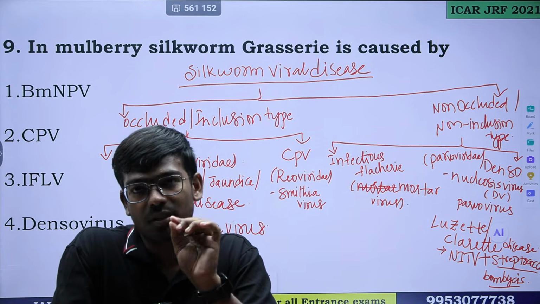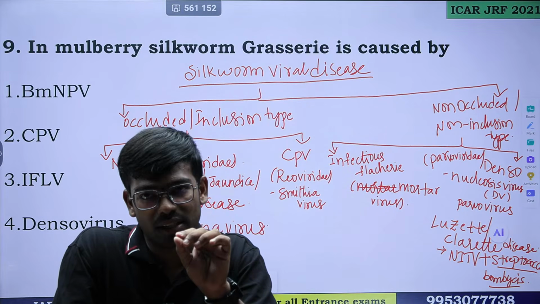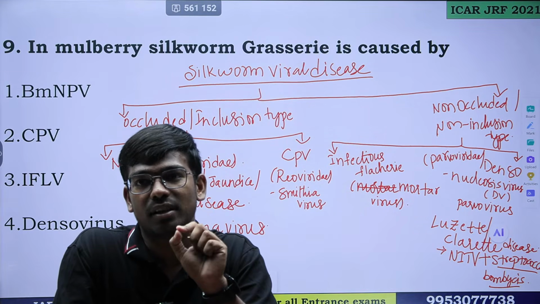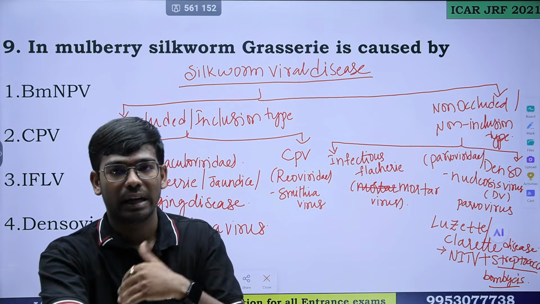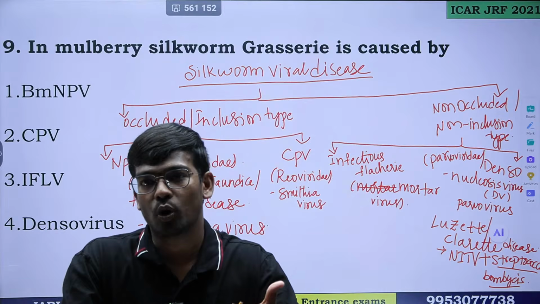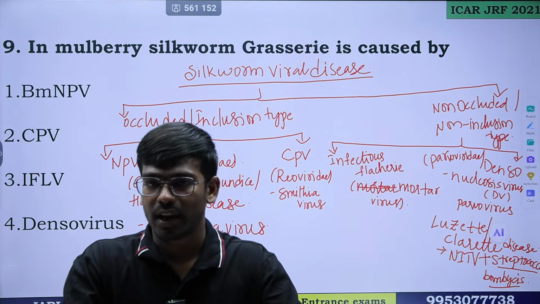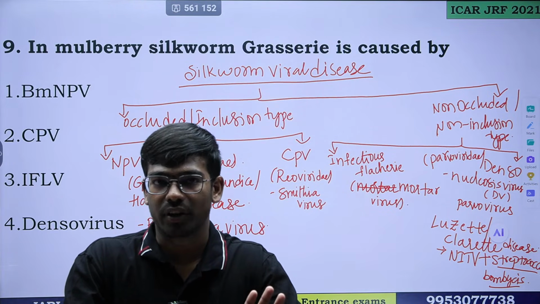Bacterial toxicosis is specifically called Soto disease, which is caused by Bacillus thuringiensis, BT. Septicemia is caused by streptococci and staphylococci. This is the whole classification.